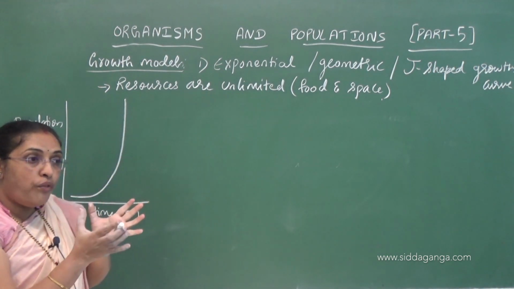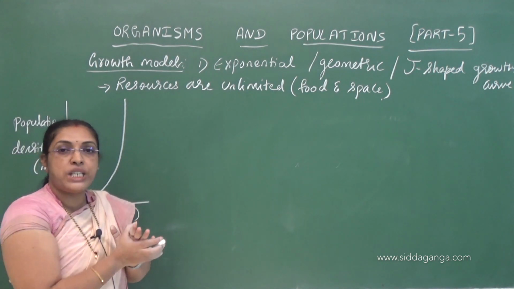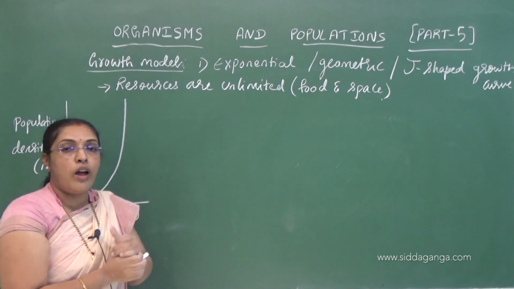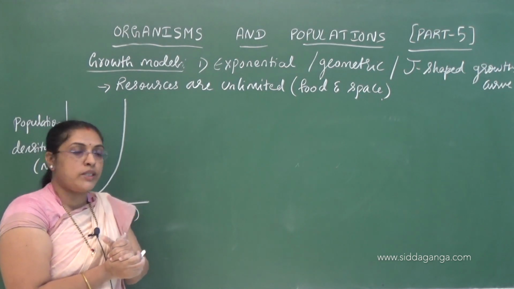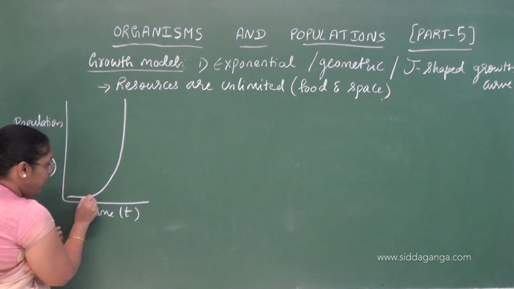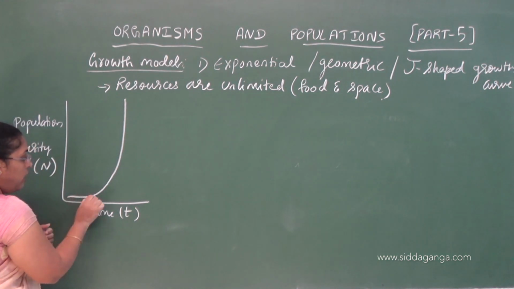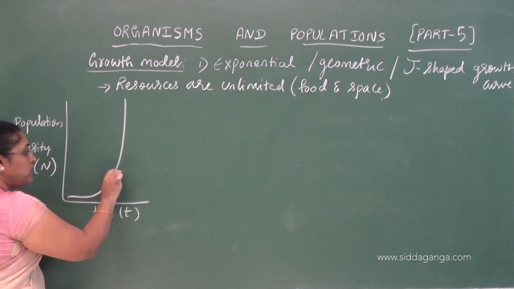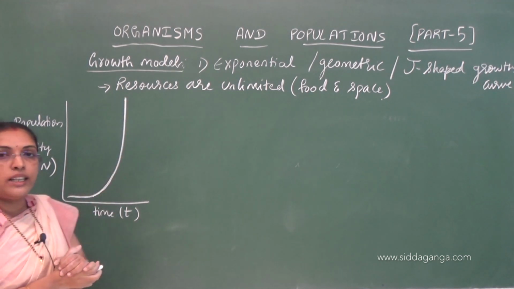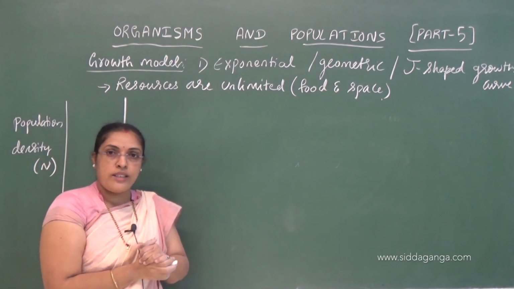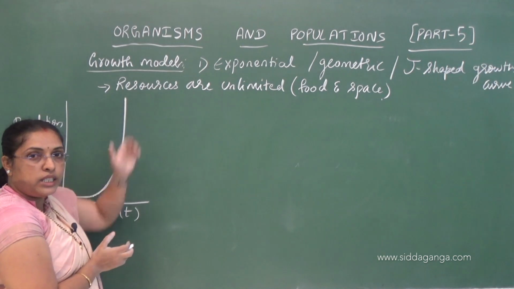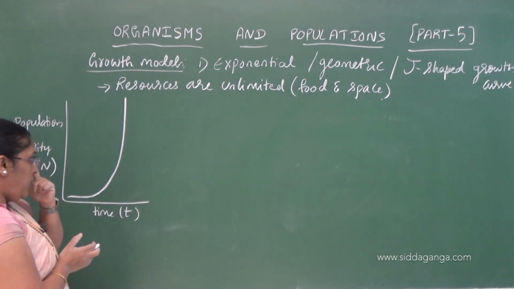That means a group of individuals decides which habitat is favorable for their survival and reproduction. For that reason we initially see a lag phase, then once they adapt to that environment, they start increasing their population size. That's why we see acceleration in the growth of the population.